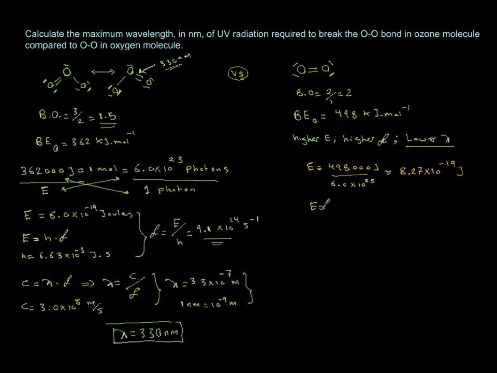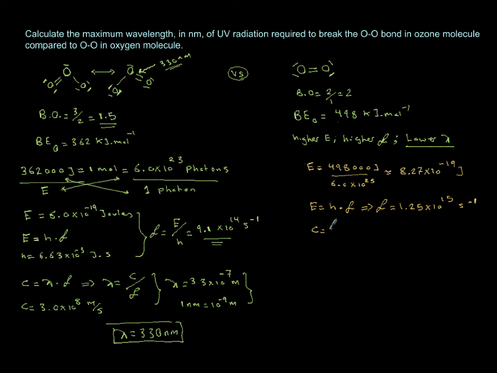Now energy was equal to Planck's constant times frequency, so we can apply that, and frequency turns out to be 1.25 times 10 to the power 15 second minus 1.